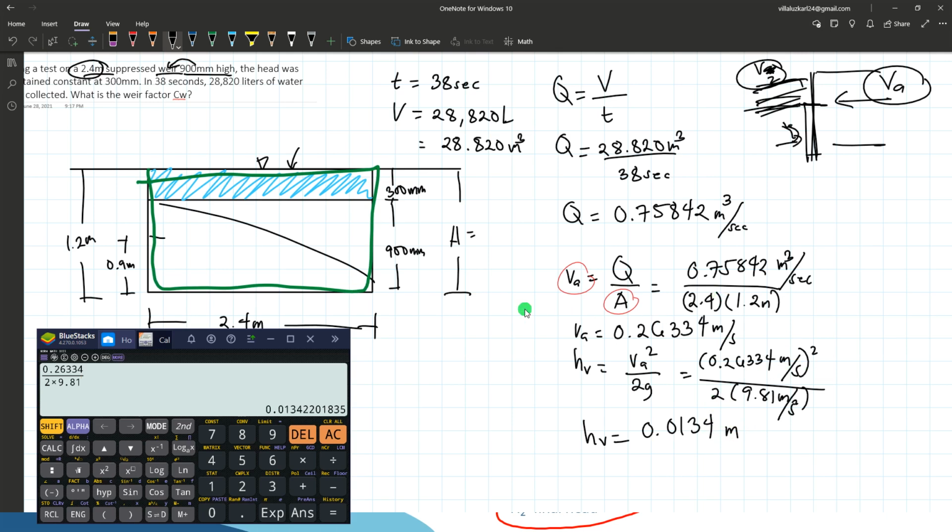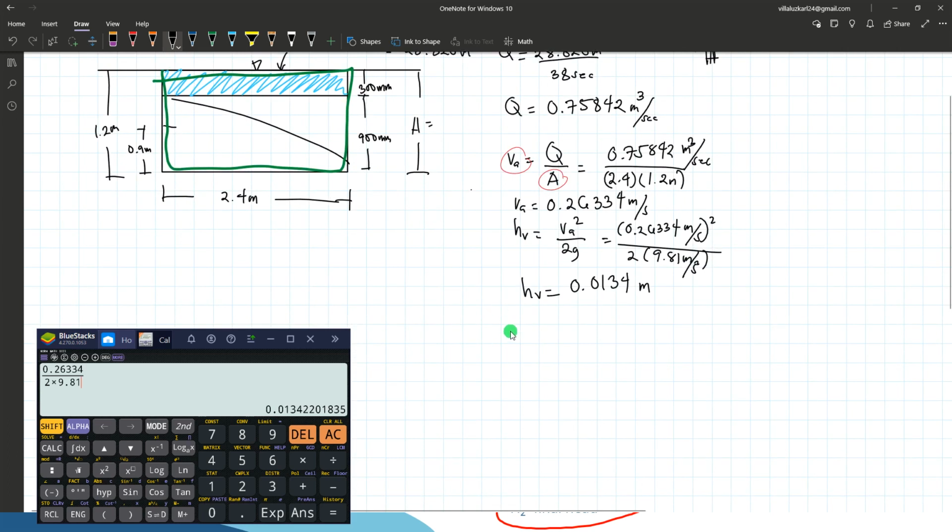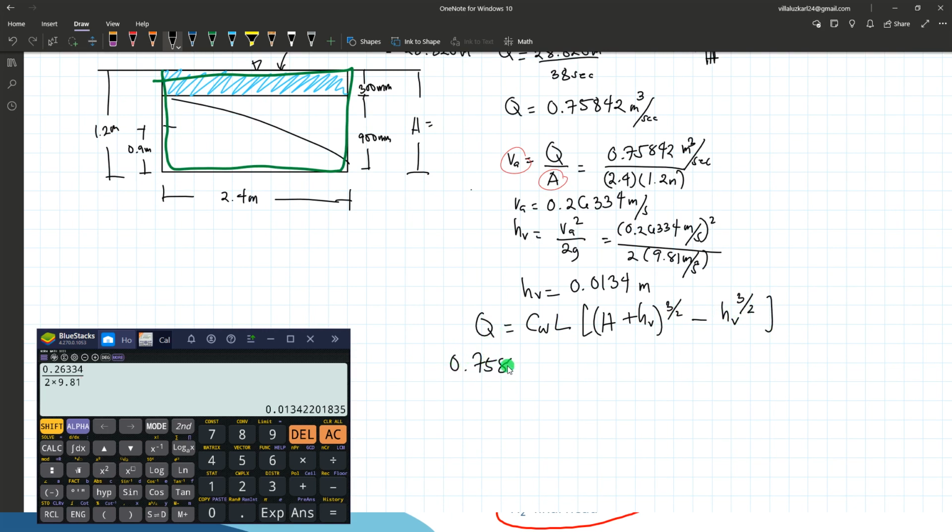Then we can now use the general formula for a rectangular weir, which is Q equals to CW L, quantity of H plus H of V raised to 3 halves minus H of V raised to 3 halves. So we already determined the discharge, 0.75842 cubic meters per second equals to the unknown weir factor.